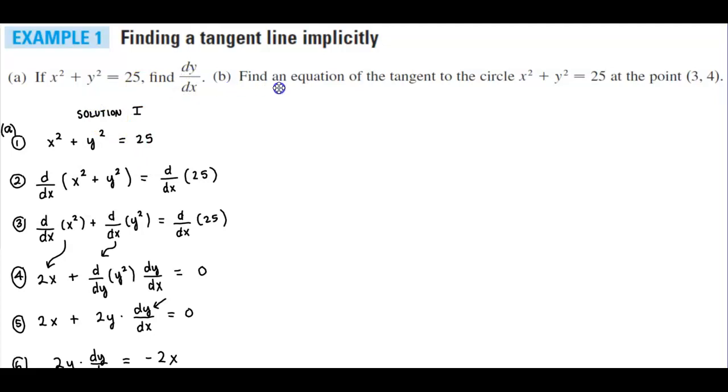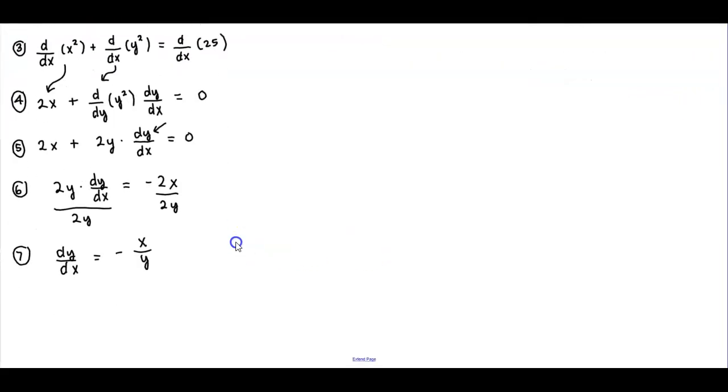Now in part B, we want to find an equation of the tangent to the circle x squared plus y squared equals 25 at the point 3, 4. So we're looking at the point 3, 4, which means x equals 3 and y equals 4.